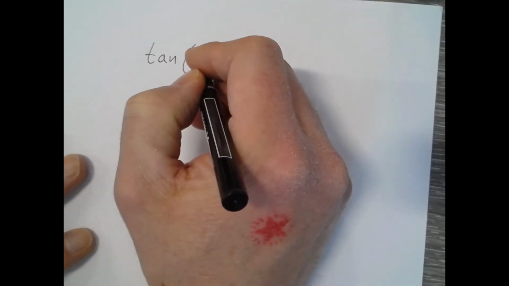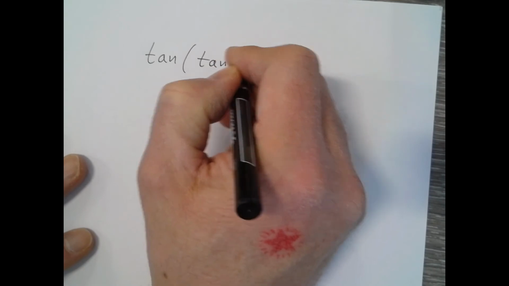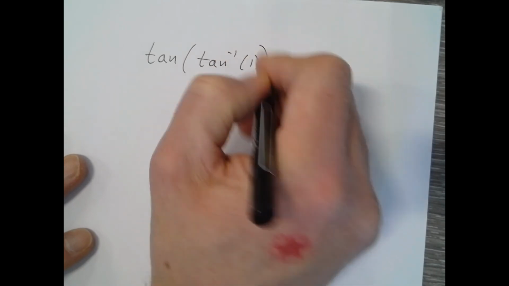Okay. What we're going to do now is reinforce this. We're not going to explain it any further right now, because hopefully it'll get explained more as we do more. We're going to kind of stack them. We're going to find the tangent of the inverse tangent of 1.